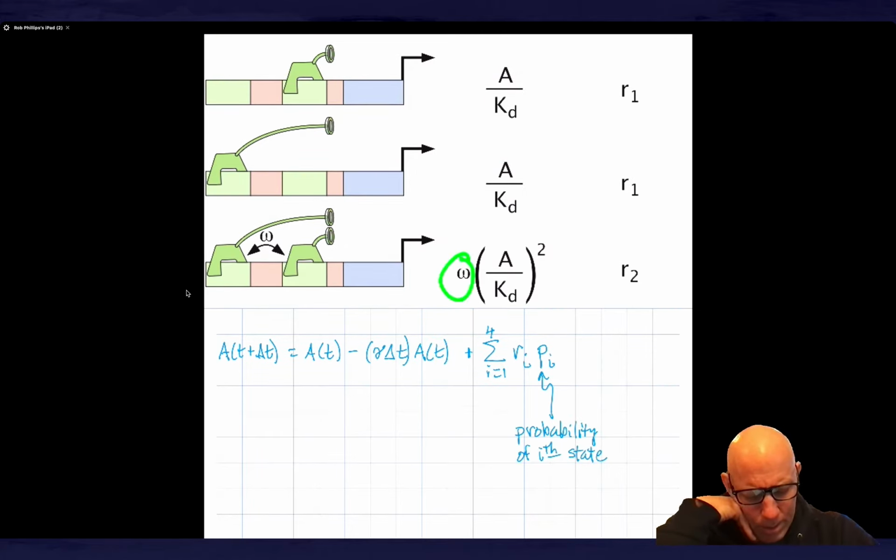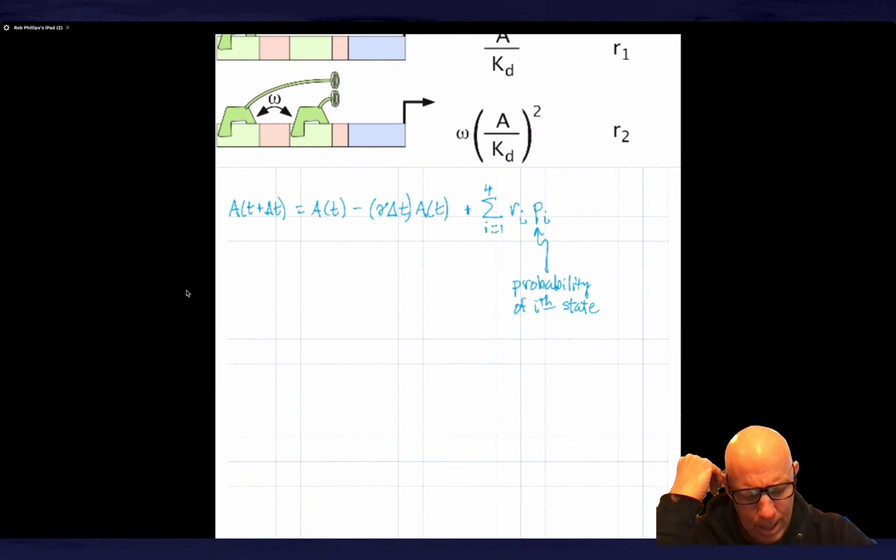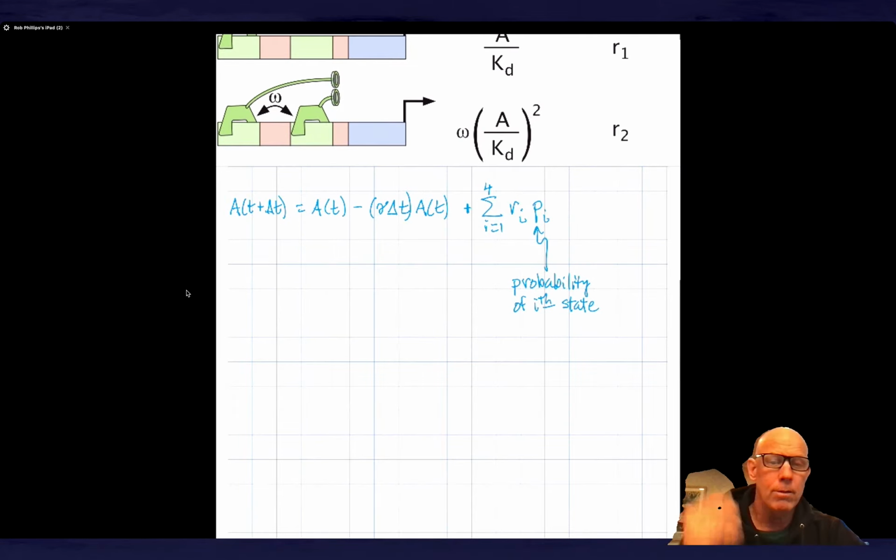This is the cooperativity parameter. So I'm saying in the doubly occupied state, there's a cooperativity. And so those are basically our states and their respective weights.